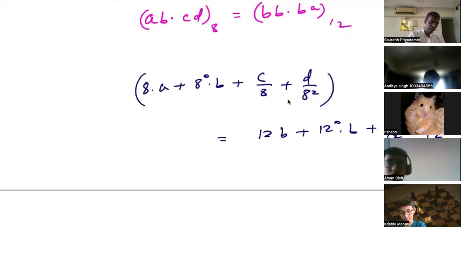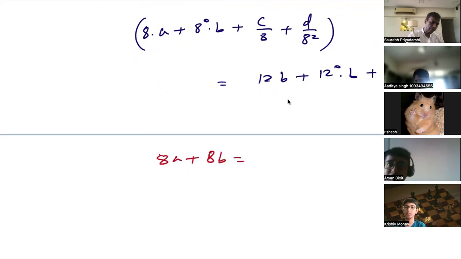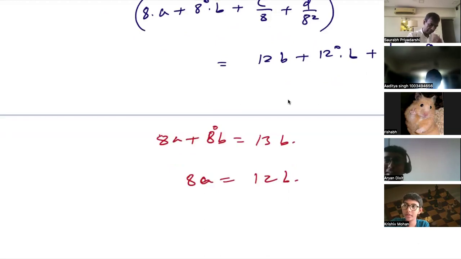Okay. So what are we getting? 8A plus 8B is equal to 13B, something like this. So it will be 1B, right? This is 1B, right? So 8A is equal to 12B. Can we have more than one solution?